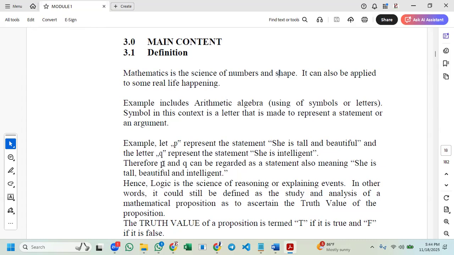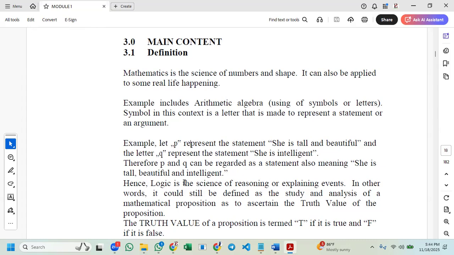Therefore, P and Q can be regarded as a statement, also meaning she is tall, beautiful, and intelligent. The connective and combines two things together when the two of them are true. Okay, we are digesting this thing.